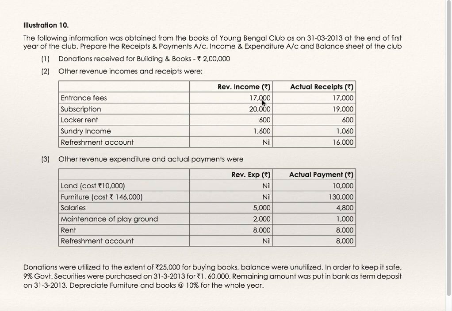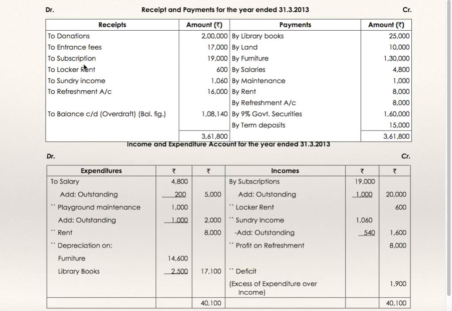Now we'll compare revenue income and actual receipts. Entrance fees 17,000 and 17,000, both are the same. Receipt payment account, entrance fees 17,000.